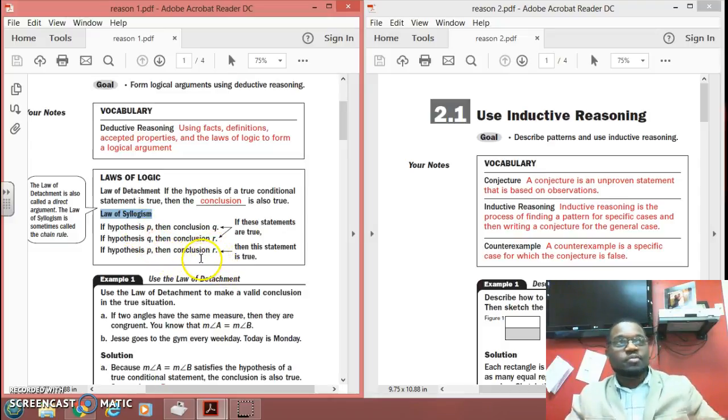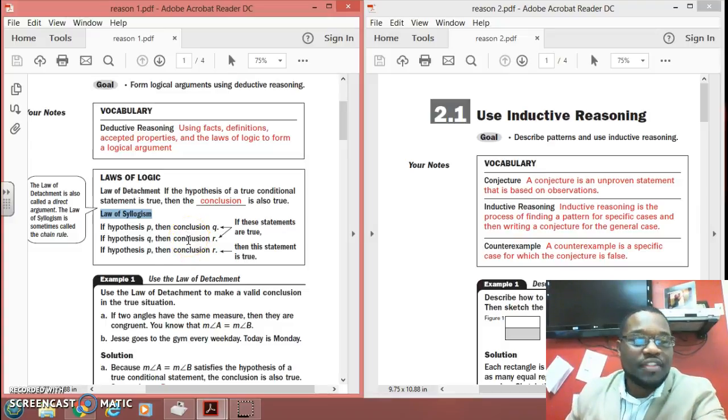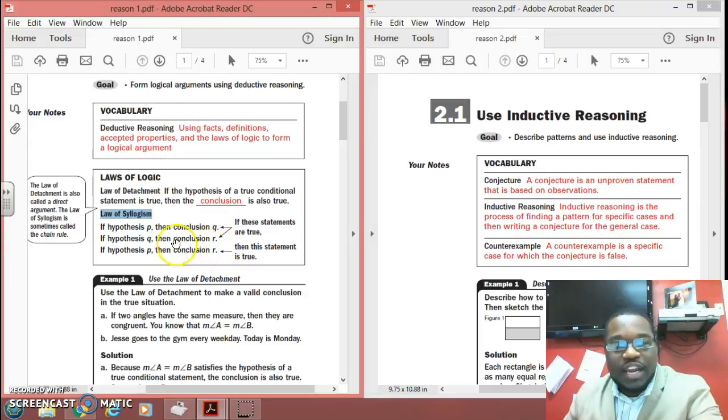It's almost like the associative property of math. When you throw that third one in there, if the first two are true, then the first and the last will also be true.